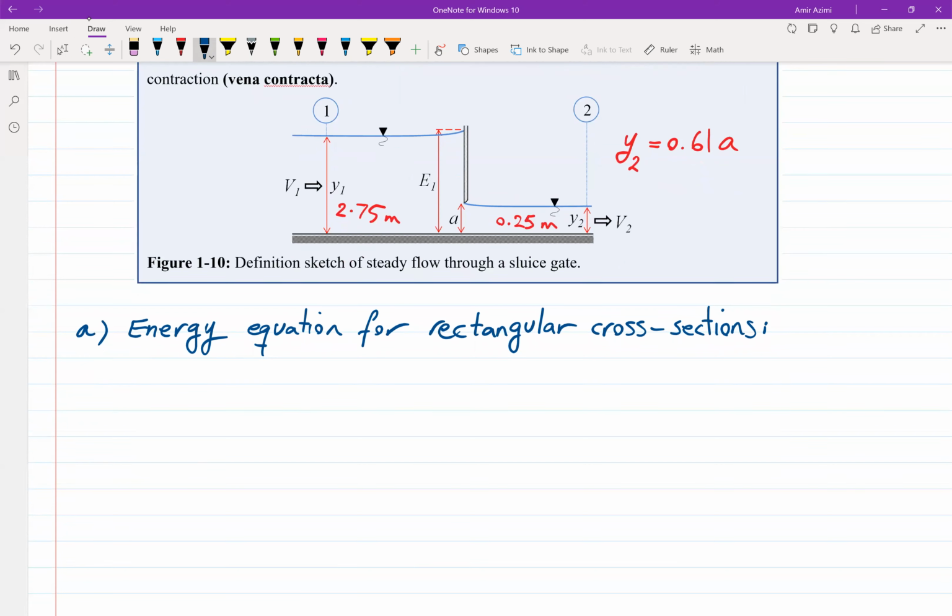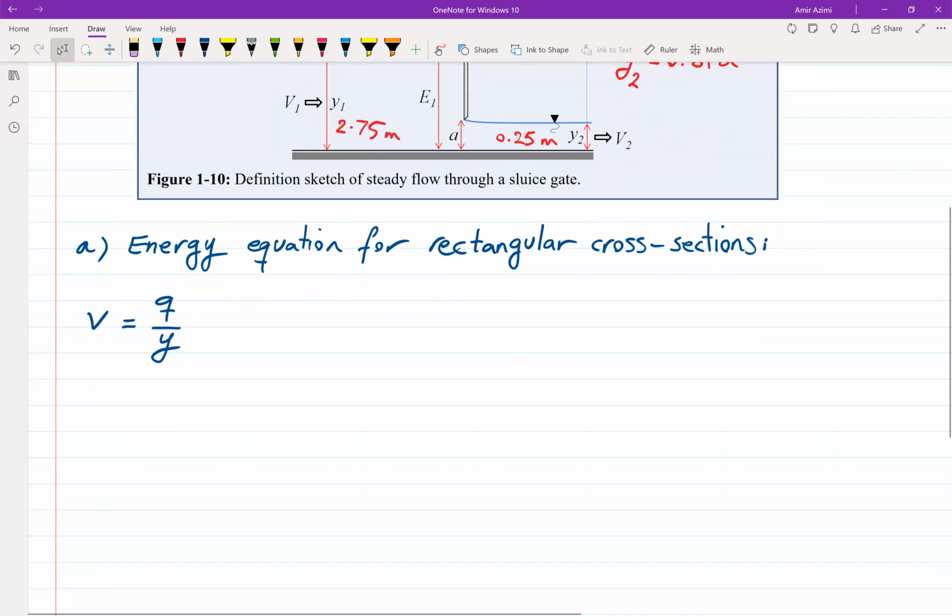So we know that V is equal to q divided by y, where q is the specific discharge. That's the continuity equation, and then I can combine that into the energy equation.